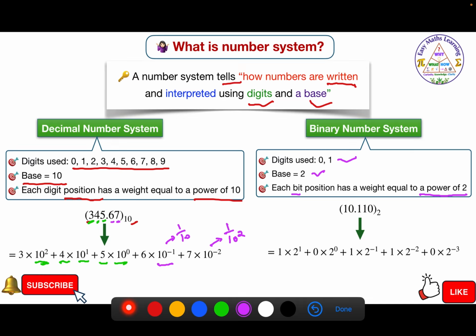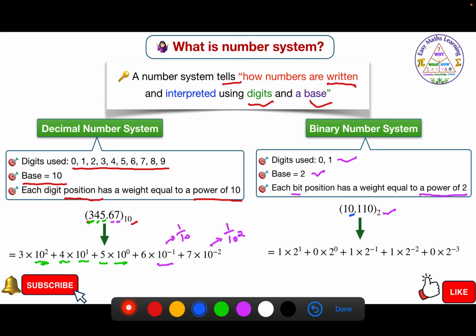so this number is written in terms of two digits only. So 10110 with base 2, and this 2 represents the base of this number system. So this is a binary number. So you can see here this digit 0 is at ones place.